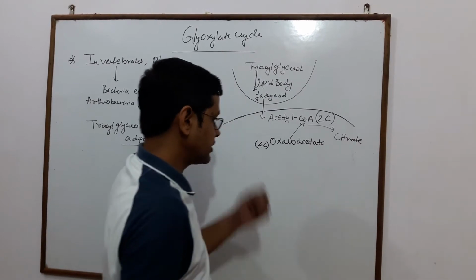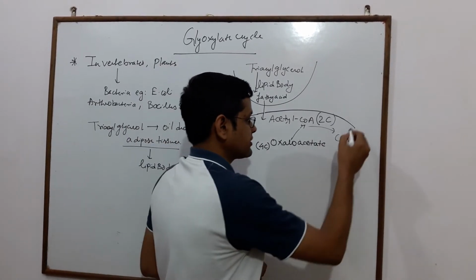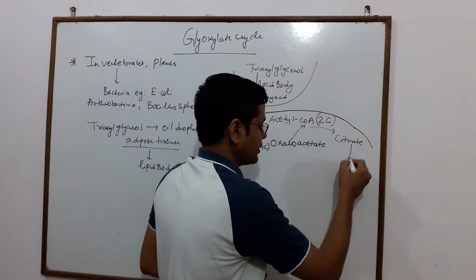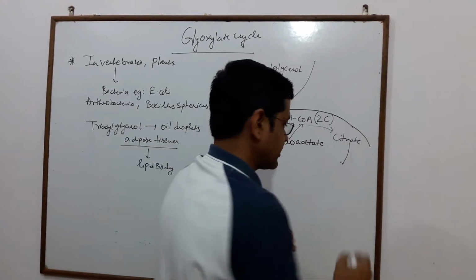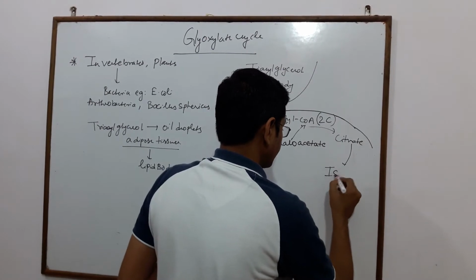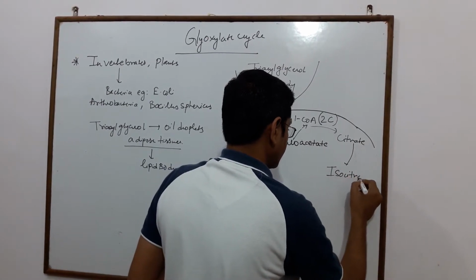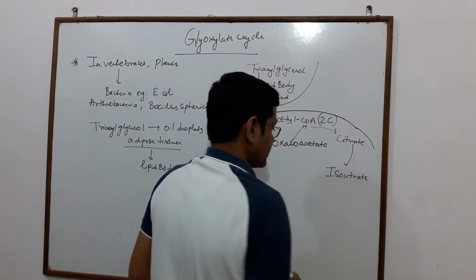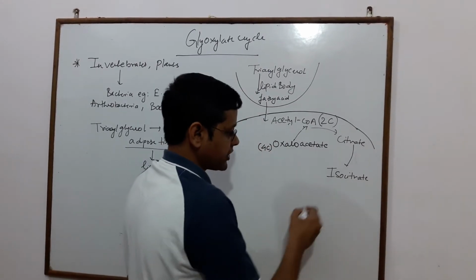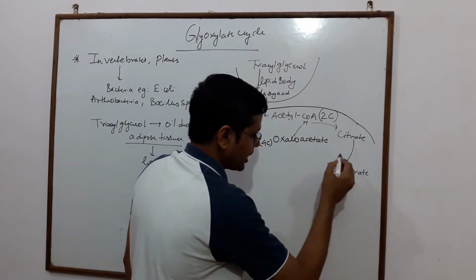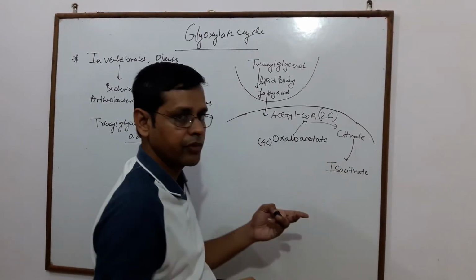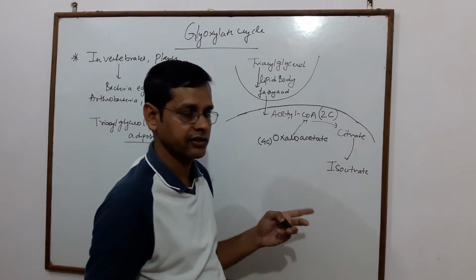Then this citrate generates a new product, isocitrate. Now this isocitrate acts as a bridging element between the glyoxylate cycle and the next upcoming cycle, the citric acid cycle.